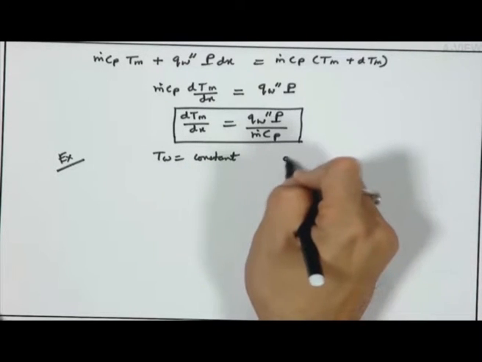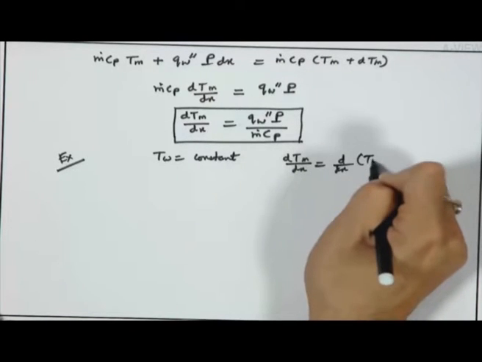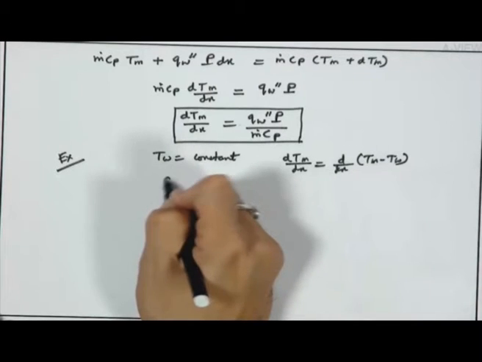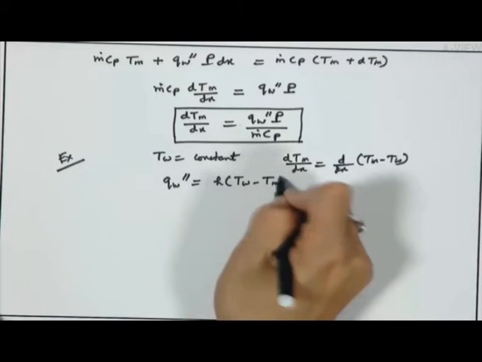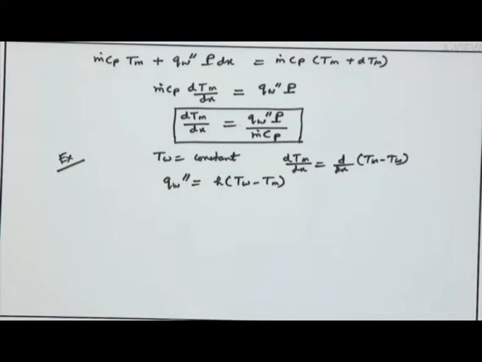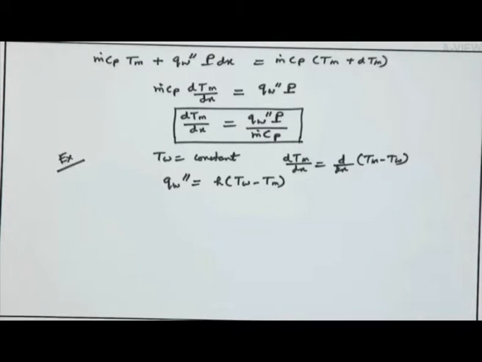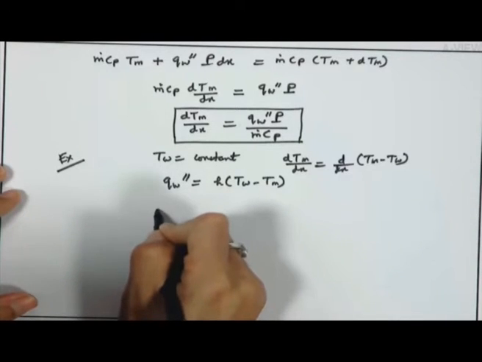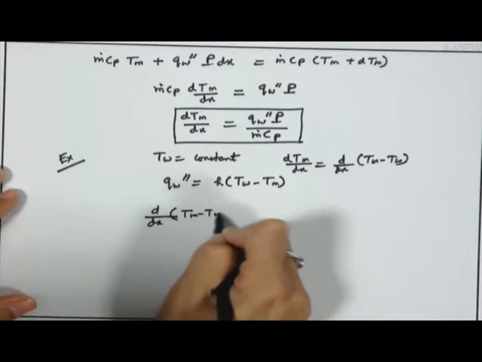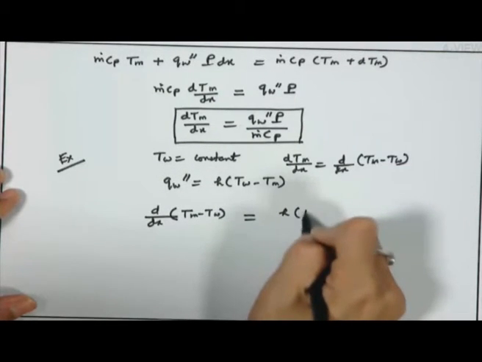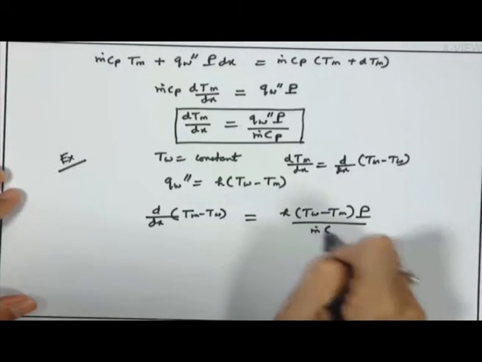Then dTm by dx is as good as d by dx of Tm minus T wall, because T wall is a constant, and q wall is equal to h into T wall minus Tm. See, the direction of the heat flux we have shown is from the wall to the fluid. So, the temperature difference is between the wall and the bulk mean temperature of the fluid. So, we can write d by dx of Tm minus T wall is equal to h into T wall minus Tm into P by m dot Cp.